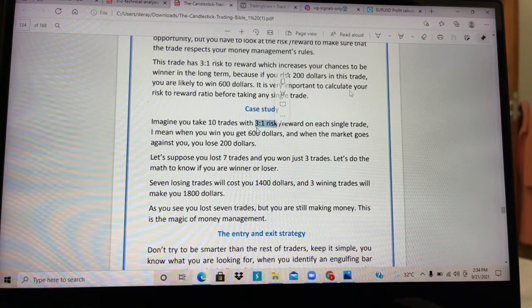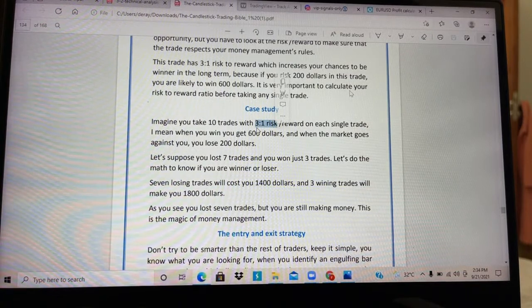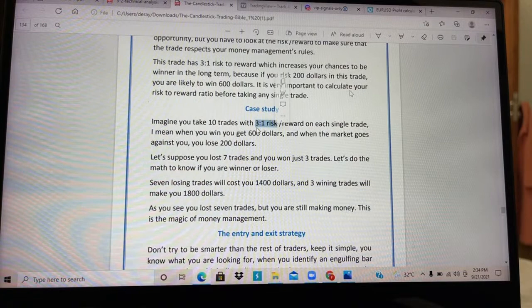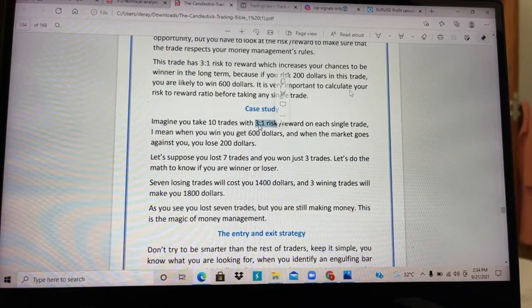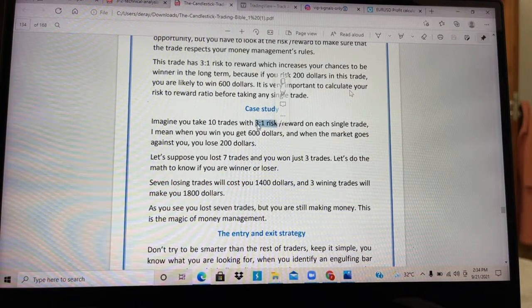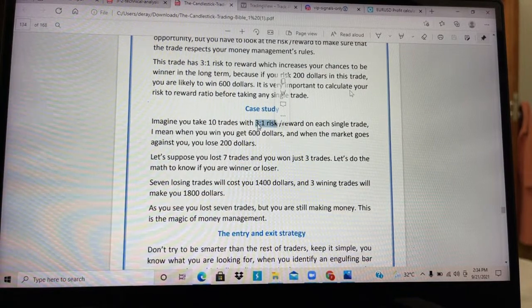We took 5 trades, and let's say we won 2. The 2 trades that we would have won would have let you still be in profit. The first trade that you won would have been $3, the second one another $3, so that would be $6.